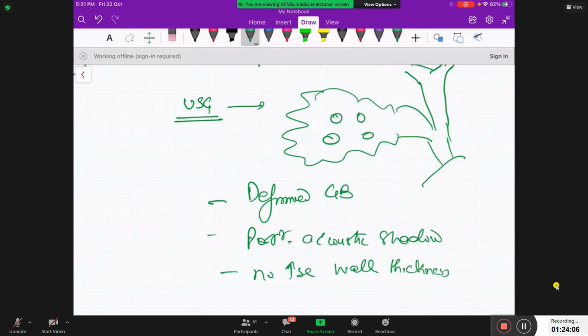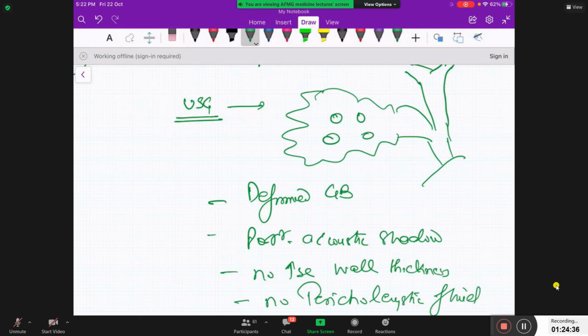Please appreciate these findings. And there will be no pericholecystic fluid also. So if you get these findings on ultrasound, it is diagnostic of chronic cholecystitis, even if the patient doesn't tell you that there was a previous attack.